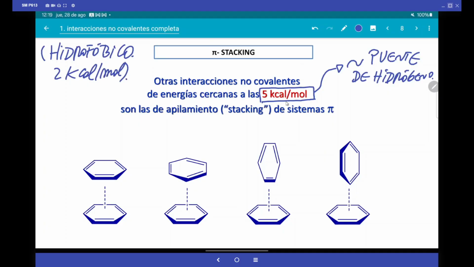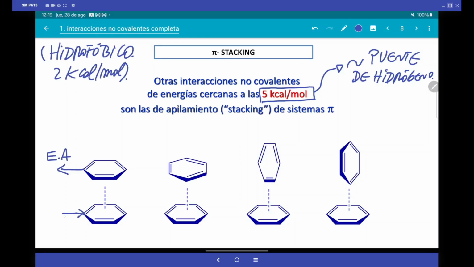Then we are talking here that if these two rings are getting closer and generate that value, something more complex than a hydrophobic contact is occurring, because the value is higher in energy. What is happening between these rings is that there is an orbital coupling. The orbital cloud of a ring is coupled or attracted with the orbital cloud of another ring when, theoretically, this would work better when a ring has an electron-attracting group and the other ring has an electron-donating group.